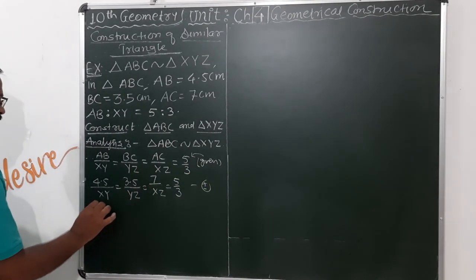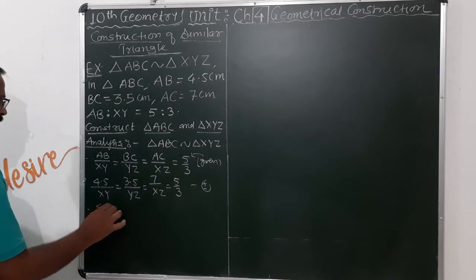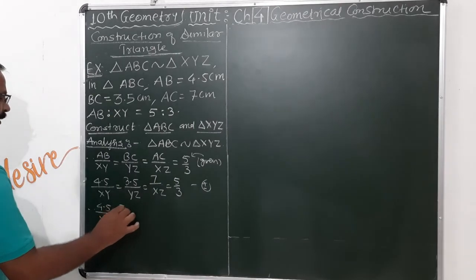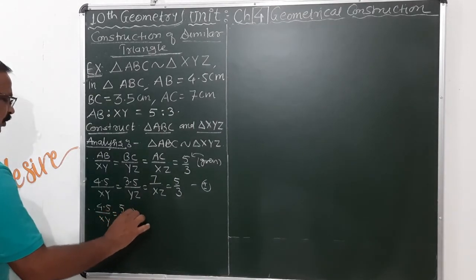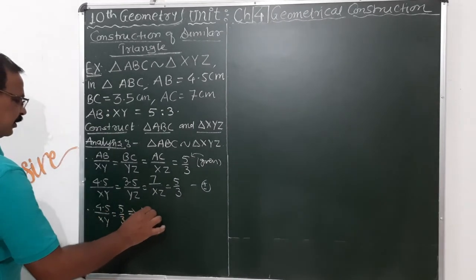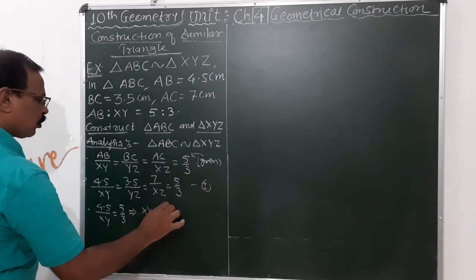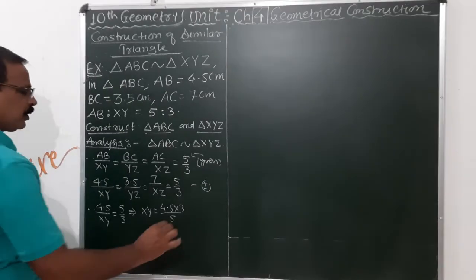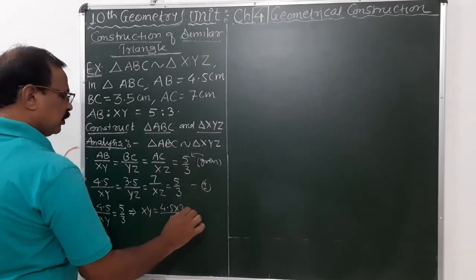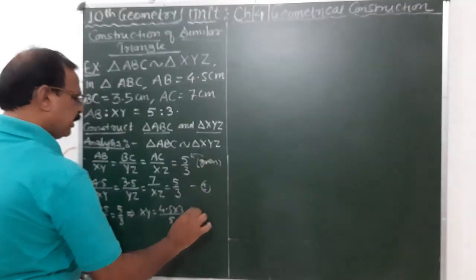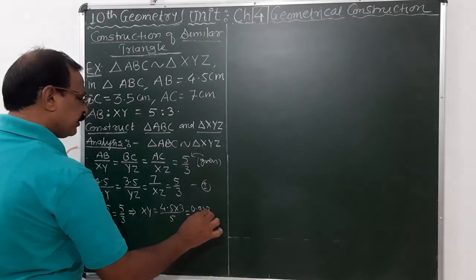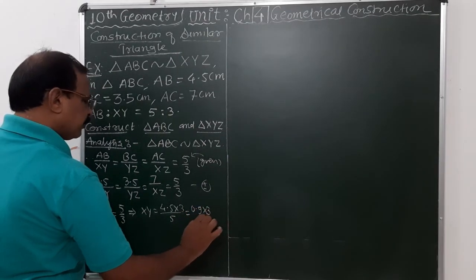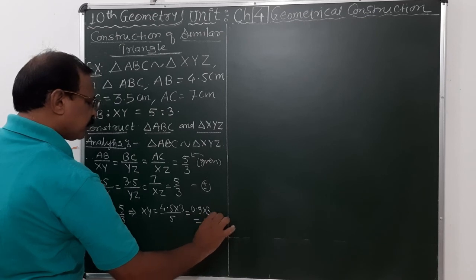What is XY here? 4.5 divided by XY is equal to 5/3. It gives XY is equal to 4.5 into 3, cross multiply, divided by 5. So that is equal to 0.9 into 3, which is equal to 2.7 centimeter.